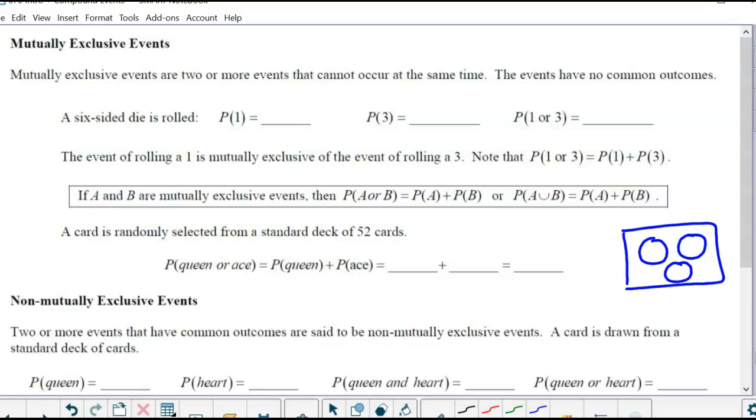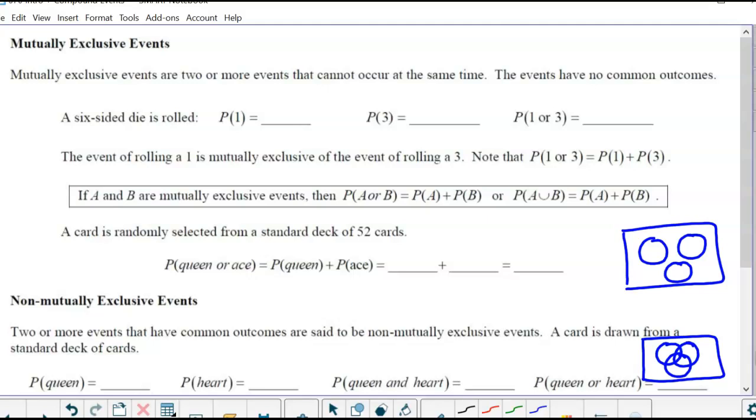If you have a Venn diagram with 3 sets that overlap, then that's called non-mutually exclusive. Think of the word exclusive: it excludes things. So it excludes in each set everything else. Each set is alone by itself, right?